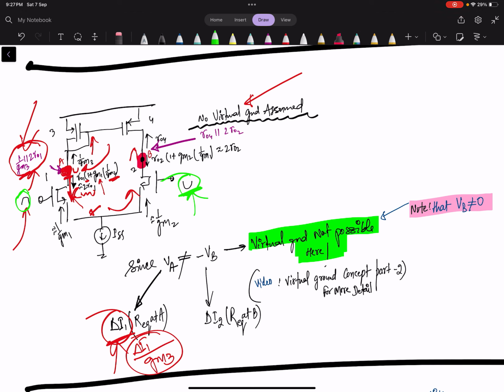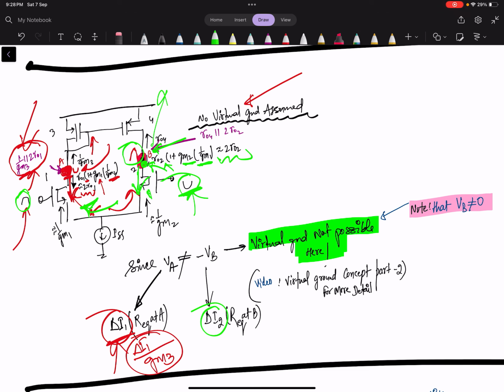Now at this potential VB, the inversion will happen and the amount will be decided by the current through this, I2, and the equivalent resistance seen here. And what is the equivalent resistance? It is R04 and the resistance seen downward from this B point, and that is R02 (1 plus GM2 multiplied by the resistance seen from here, 1 by GM1), which is approximately 2 times R02.